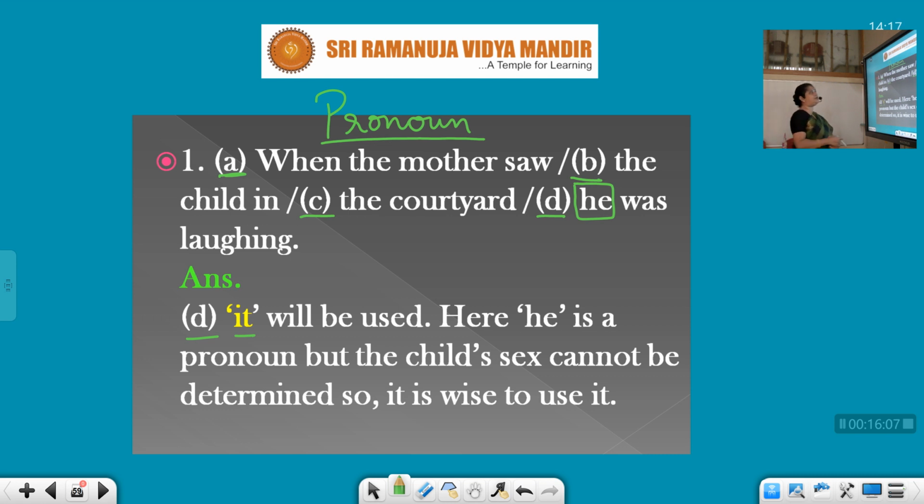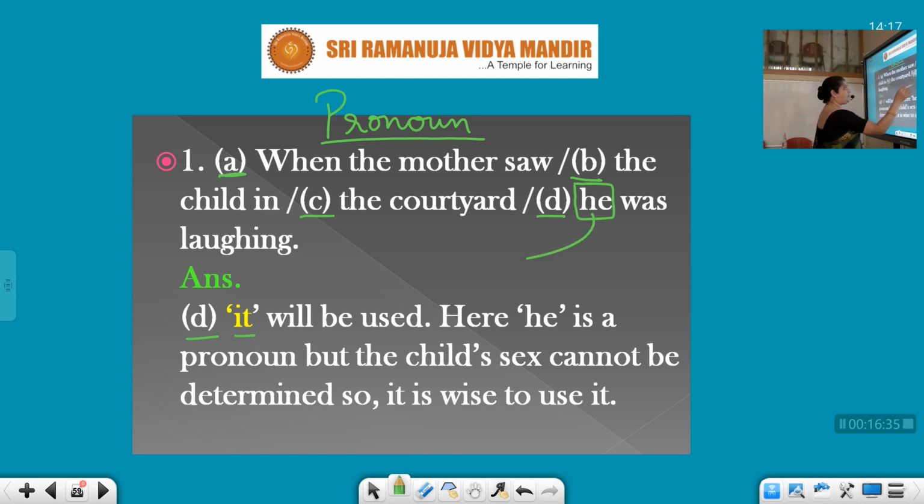Well, here, when the mother saw the child in the courtyard, he was laughing. So what does this he represent? Does it represent the mother or the child? Obviously the child. When the mother saw the child in the courtyard, the mother is searching for the child and she saw the child in the courtyard. So he was laughing.